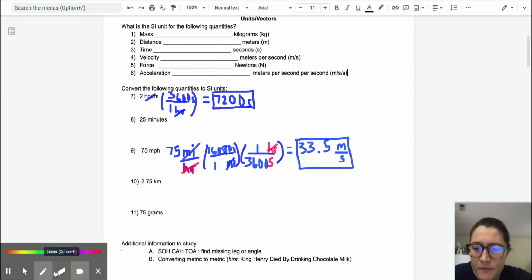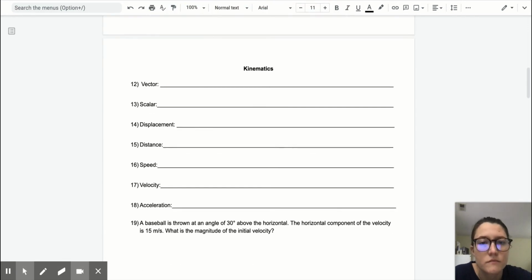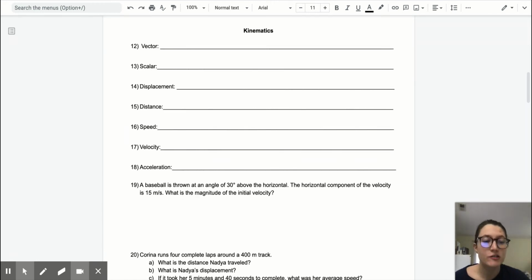So moving on to our next unit, kinematics. This is a combination of both 1D and 2D kinematics within the review packet. In physics, we have different types of quantities which determine how we mathematically can consolidate them.